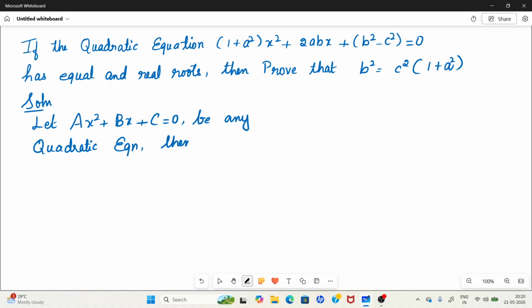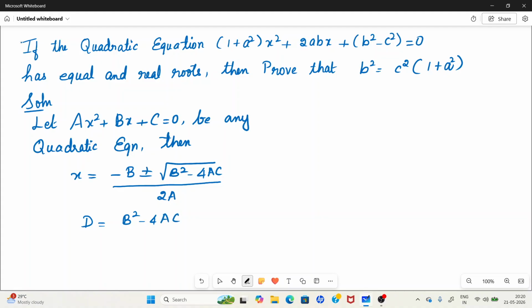Then the solution for this equation is given as x = (−b ± √(b² − 4ac)) / 2a. Here D = b² − 4ac, the term inside the root.